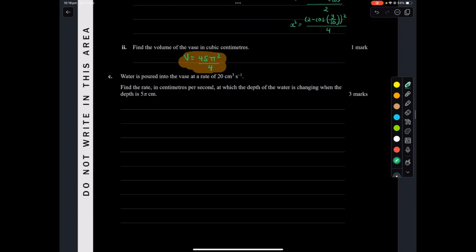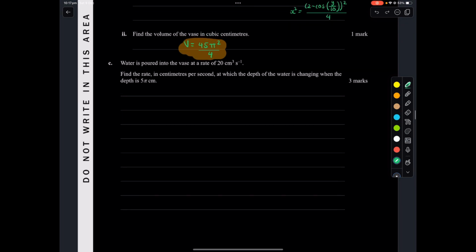Water is being poured into a vase at a rate of 20 centimeters cubed seconds to the -1. Find the rate, so we want the rate in centimeters per second, at which the depth of the water is changing when the depth is 5. Okay, let's understand this. We know water is being poured into a vase at 20.